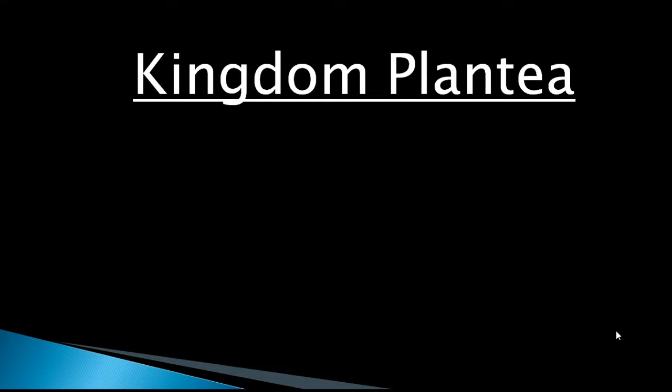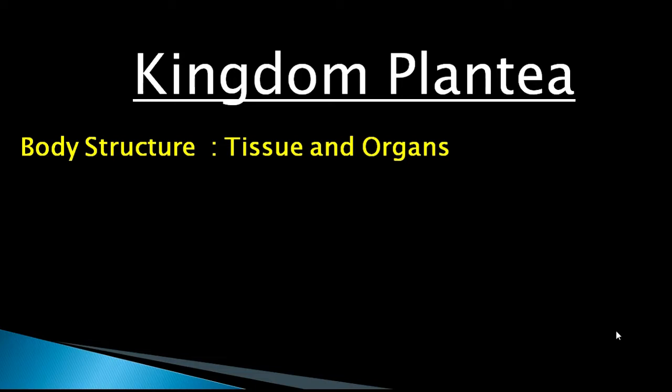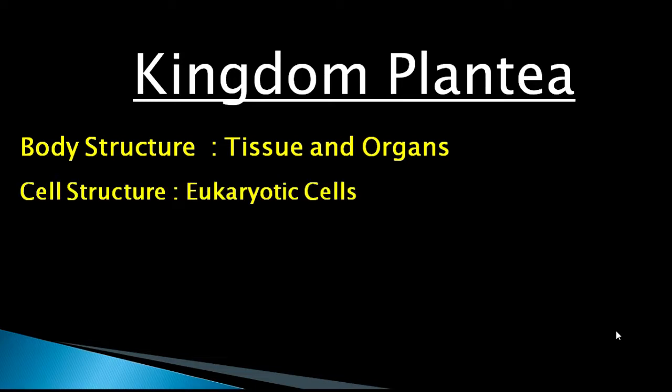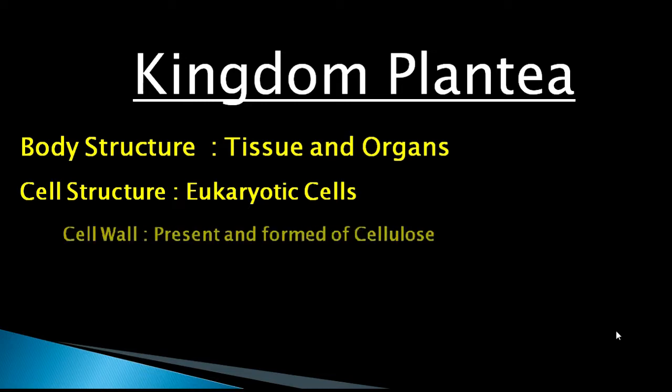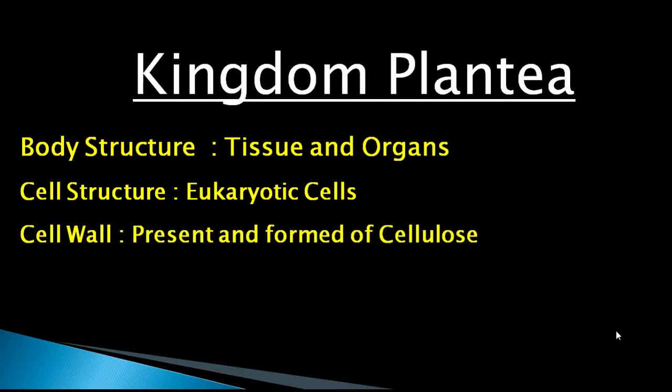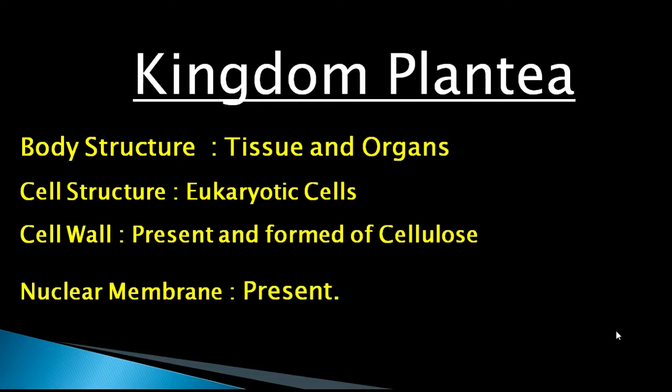Kingdom Plantae. Body structure: tissues and organs. Cell structure: eukaryotic cells. Cell wall is present and contains cellulose. Nuclear membrane is present.